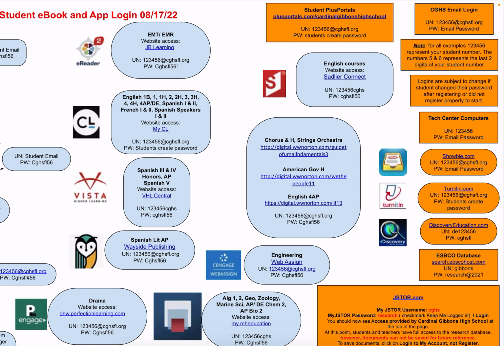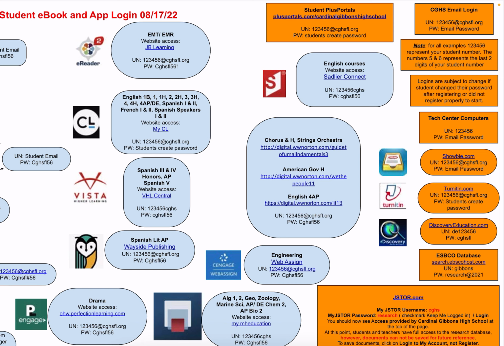So one thing to note, I know you're seeing this 1, 2, 3, 4, 5, 6 number. That number just represents your student number. Please do not try to log into these applications or these websites trying to use the 1, 2, 3, 4, 5, 6.